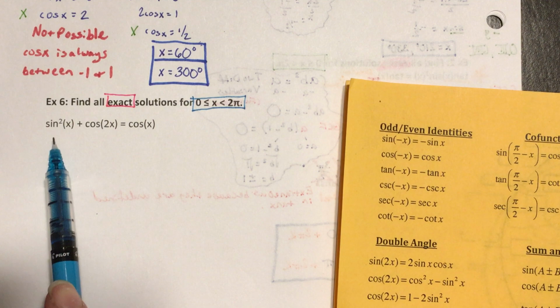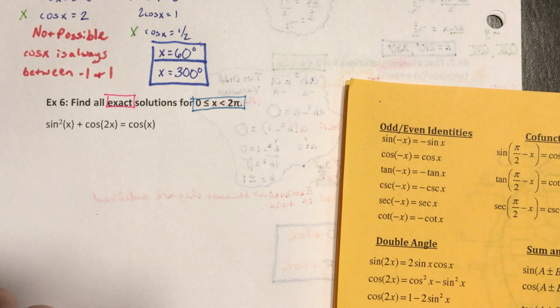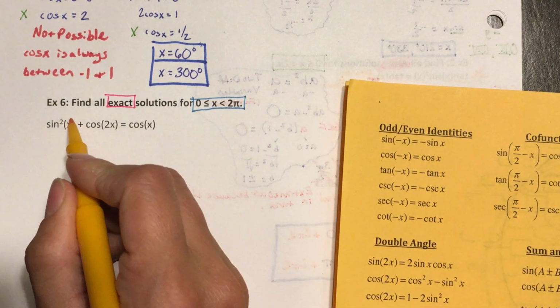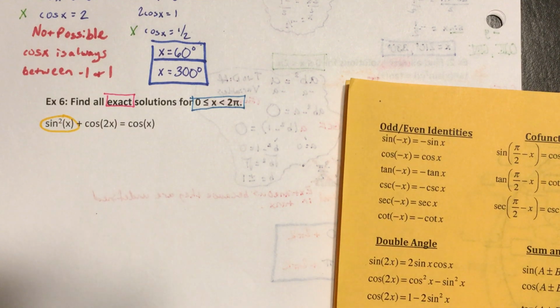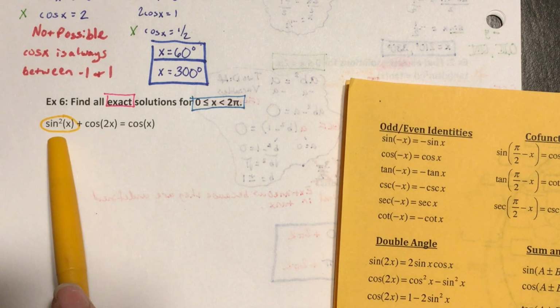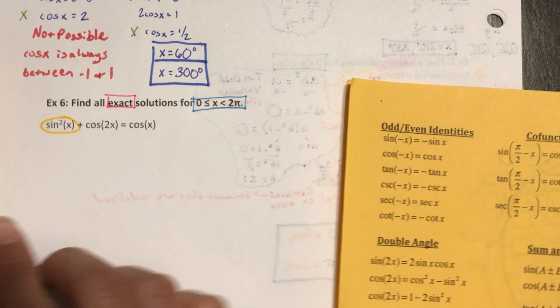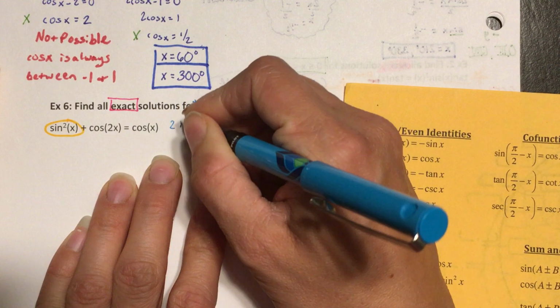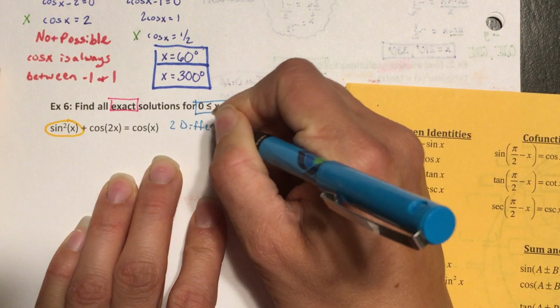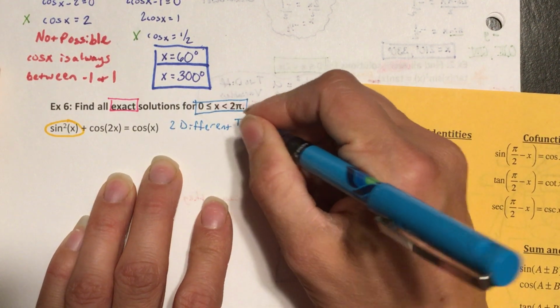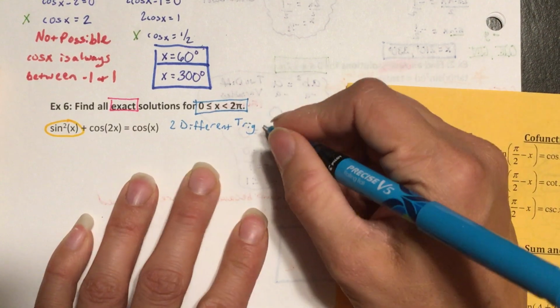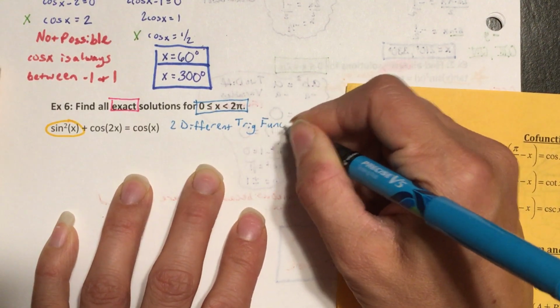Now, if I look at this expression, the first thing that should jump out to me is that this is a quadratic trig expression. The problem with this one is I have two different trig variables, or functions.